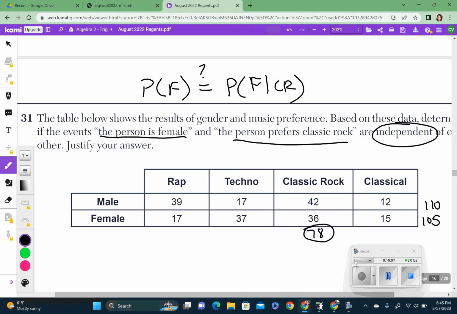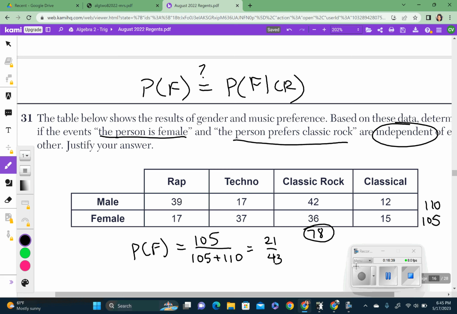So what is the probability of choosing a female? There are 105 females out of the total number of people, males plus females, so 105 over 105 plus 110, which gives us 21 over 43. That is the probability of females.